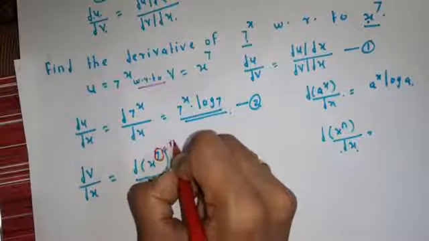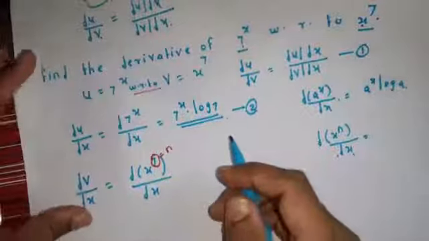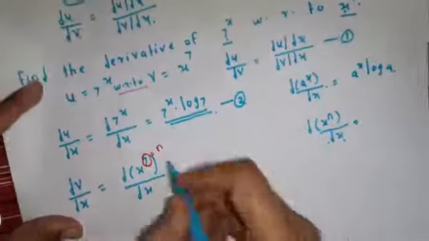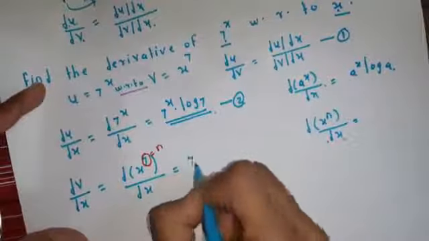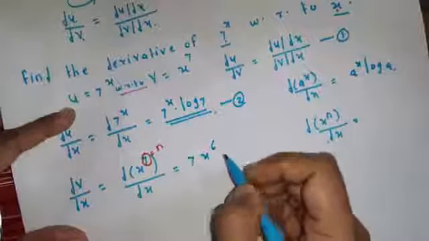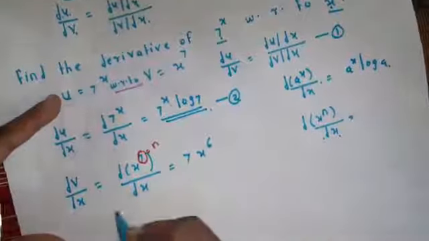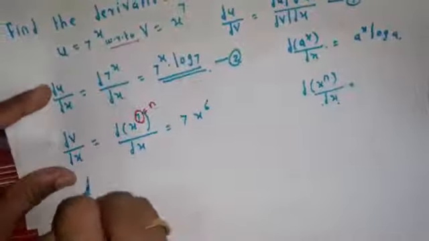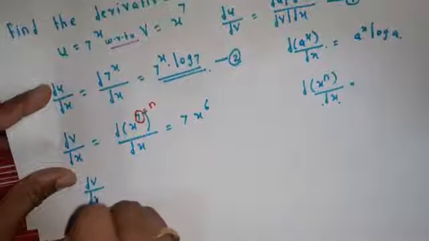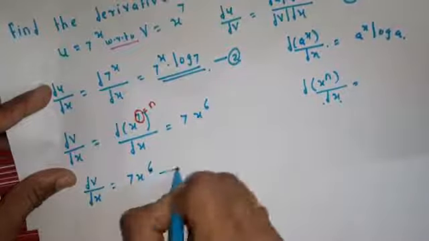Therefore, by using n into x raised to n minus 1, that is n is 7, x raised to 7 minus 1, that is 6. In this way, the differentiation will be there. So dv by dx is 7x raised to 6. This is 3.